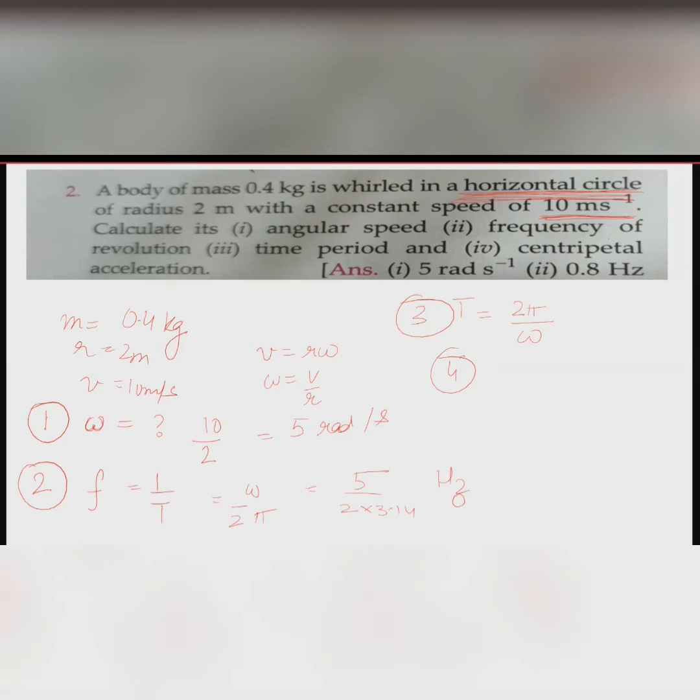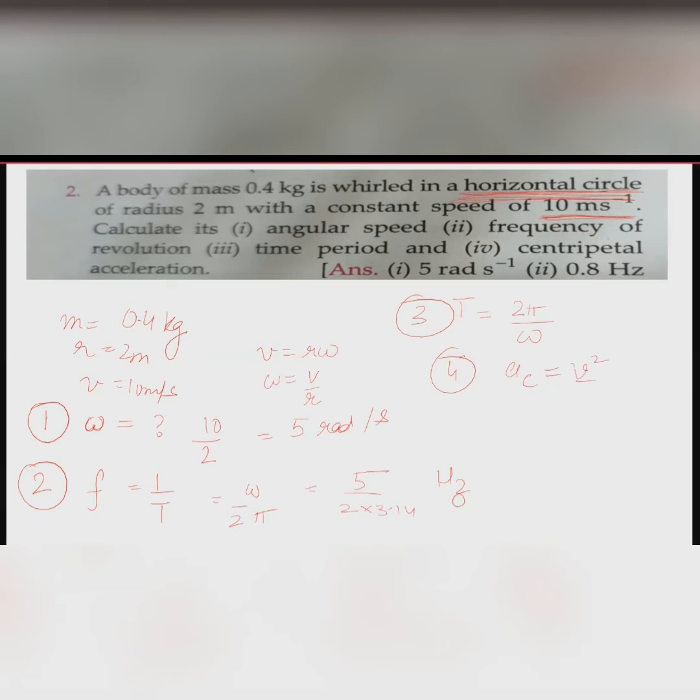What's the formula for centripetal acceleration? I told you yesterday, we have done 2 formulas. Centripetal force is quite popular. V square upon R.